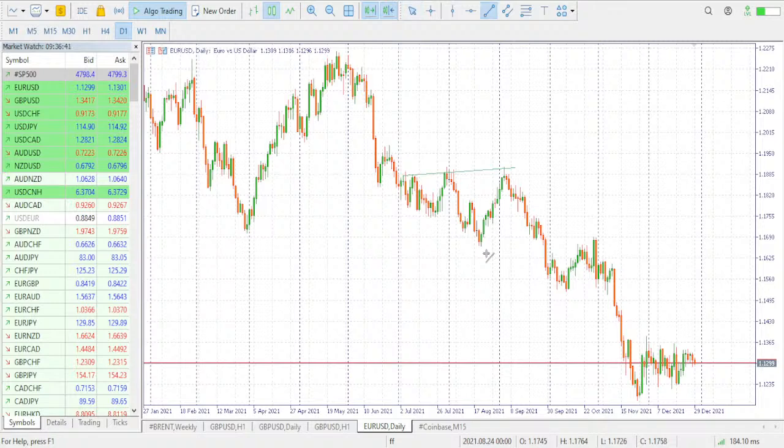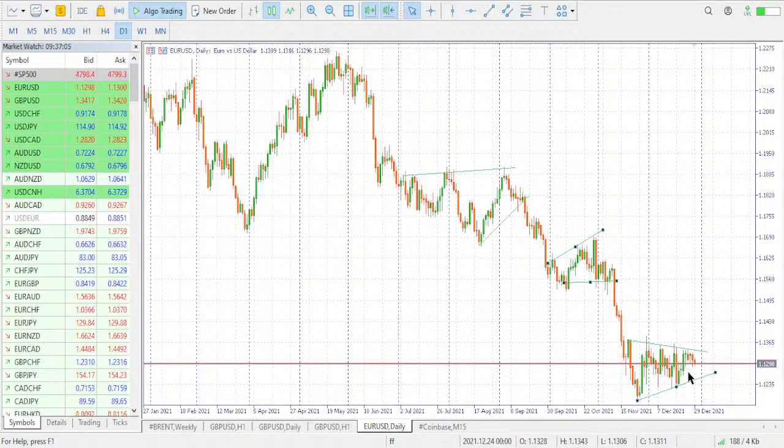So we have another zone, and then we have another zone at the bottom.